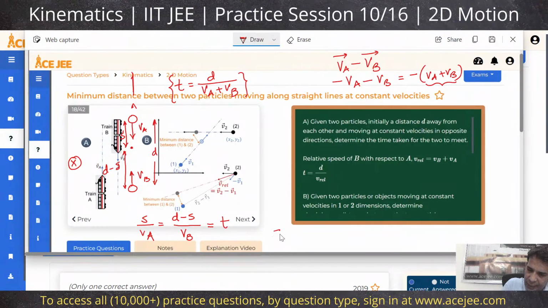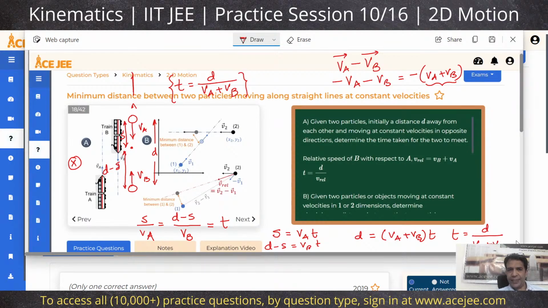So I can say S is equal to VAt, and we can say D minus S is VBt. Just add them, what do you get? Distance D is equal to VA plus VB times t. Simple math. I'm sure you guys would say this is kids stuff, right? We do that in class 8th perhaps, right? Same thing, no? Same time duration.